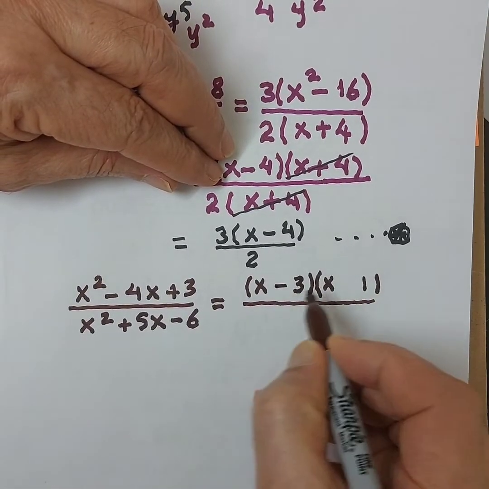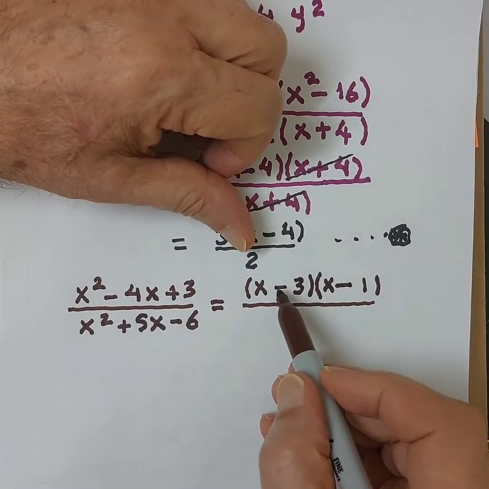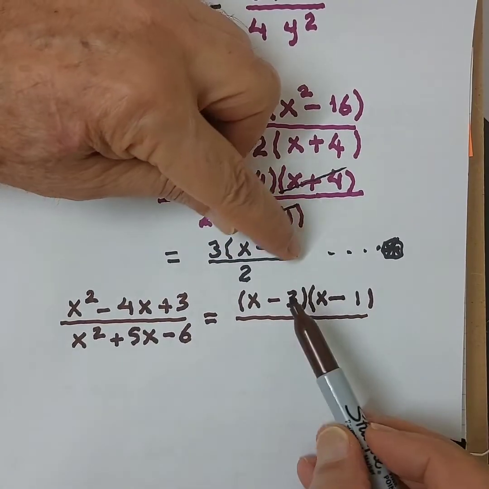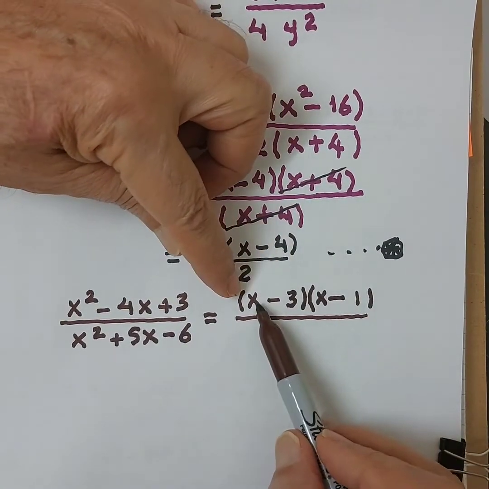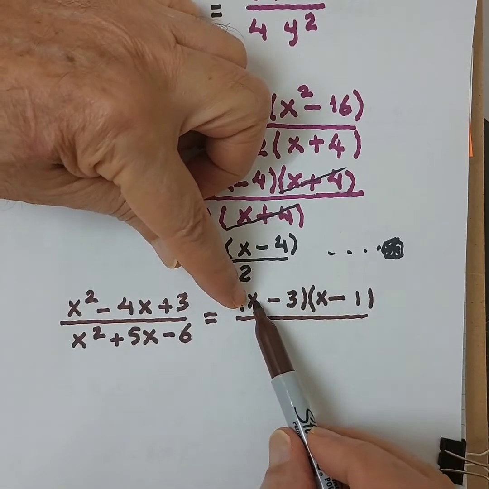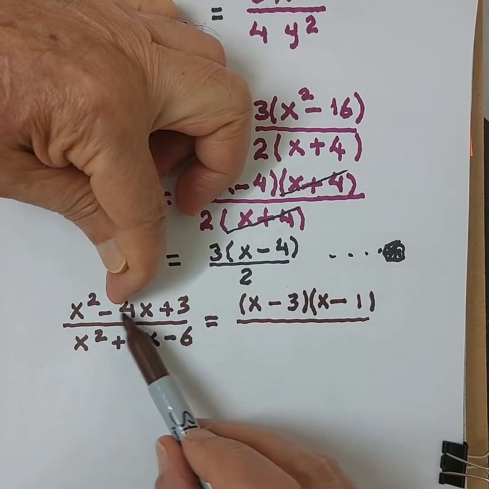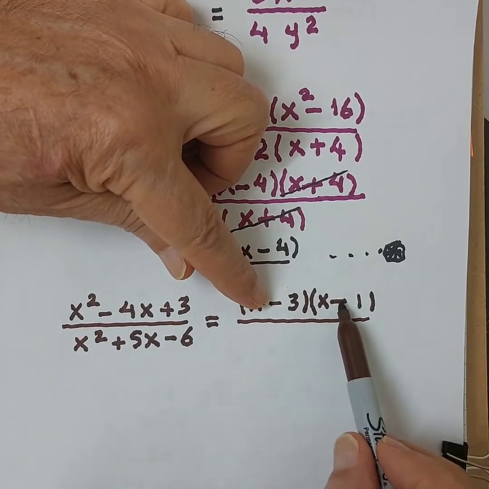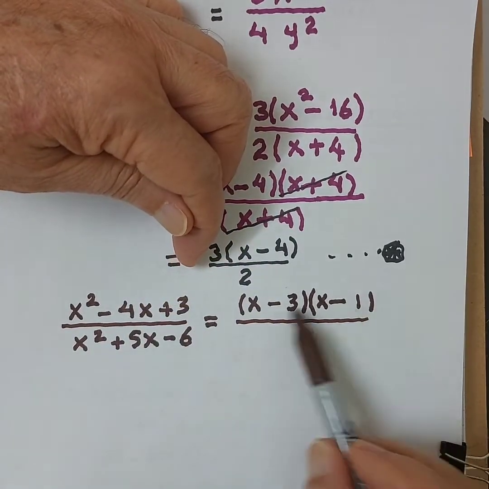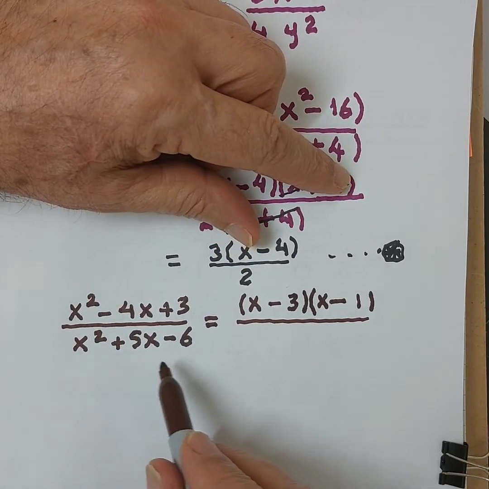And put both with negative sign, to make sure that when we multiply negative by negative it will give me the positive 3. So we will check if this factoring is correct. Negative 3x and negative 1x, that means negative 4x together. And negative 3 by negative 1 will be plus 3. That means it's correct. Again, we will do factoring here for the denominator.